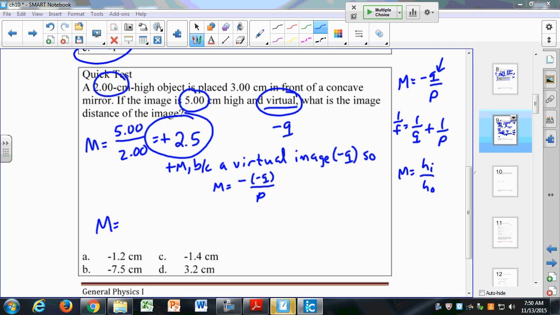I know that M is equal to negative Q over P. I'm looking for Q. Now I know M and P. So I say 2.5 equals negative Q over P, which is 3 centimeters. 2.5 times 3 is 7.5. And it turns out to be negative. But negative works out here too. You find that it's a negative value.